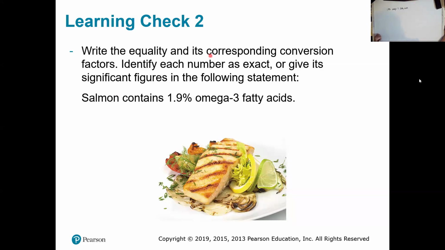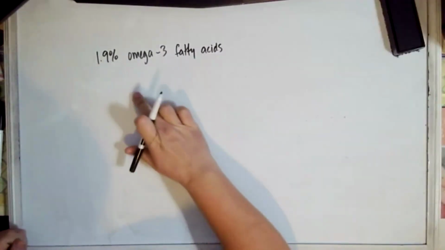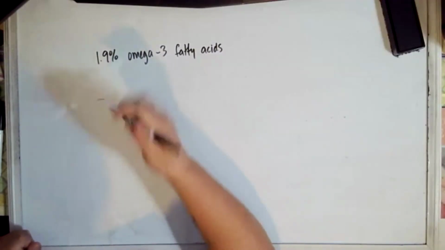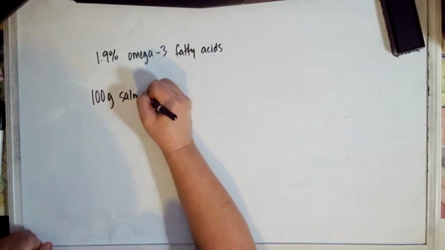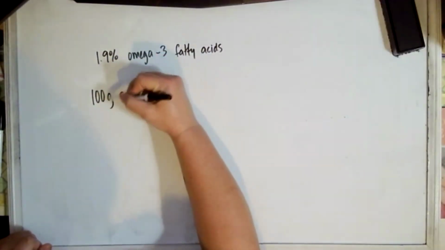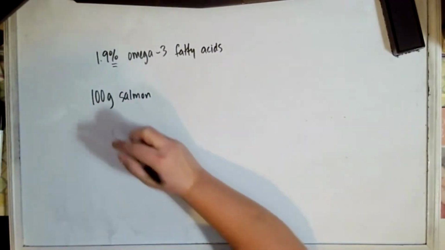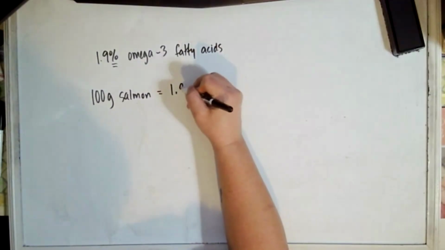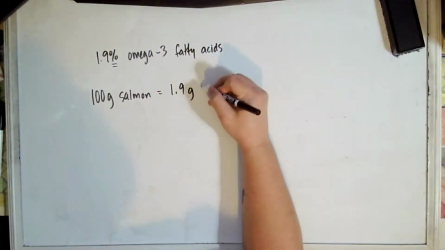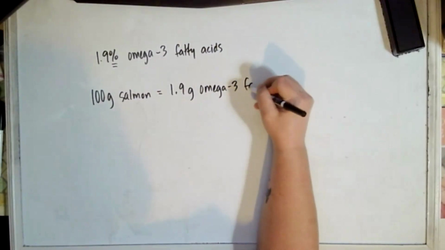Okay. From that information, you can write down an equality saying that, let's say you have 100 grams of salmon, and you know that your total is going to be 100 because you're using a percentage, and percent is always out of 100. So in 100 grams of salmon, 1.9 of those grams is going to be your omega-3 fatty acids.